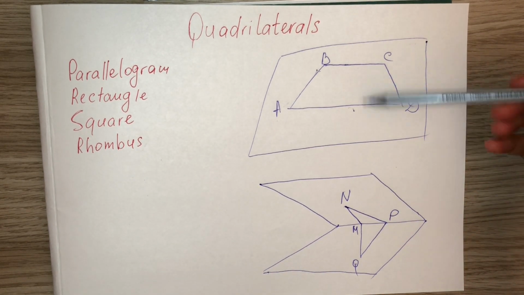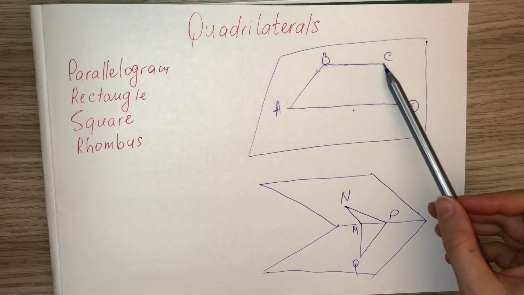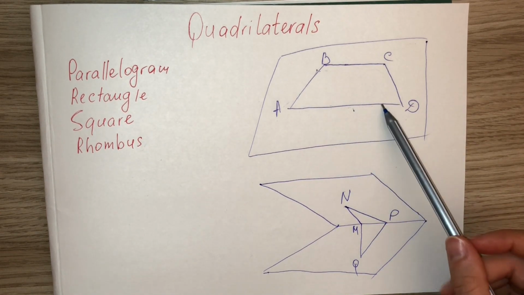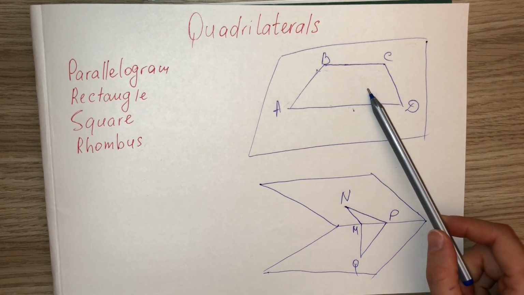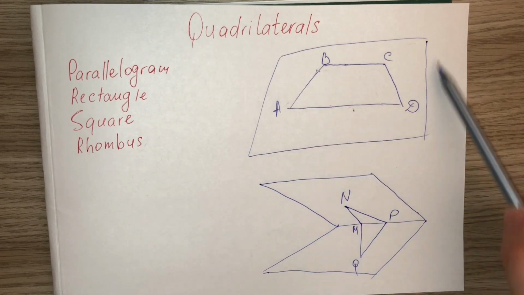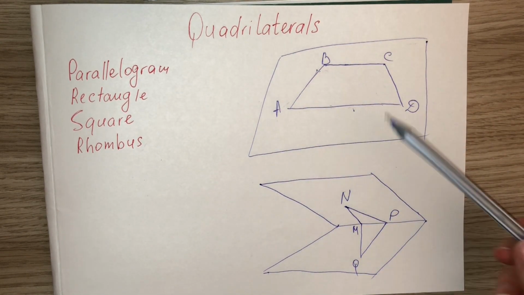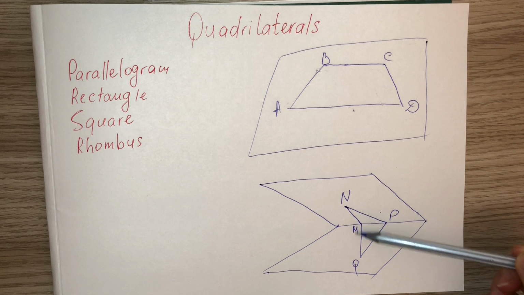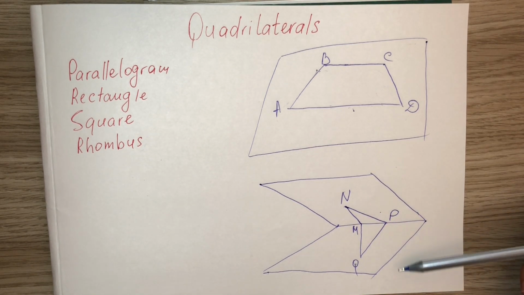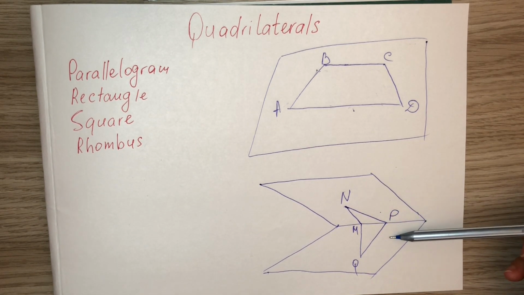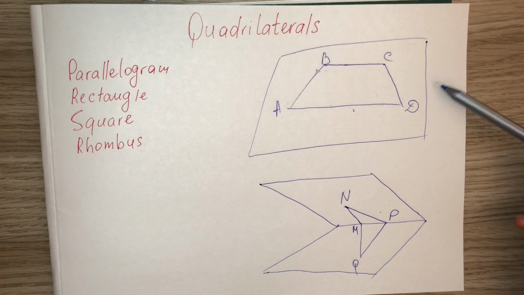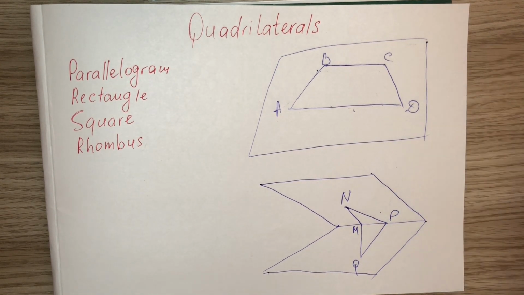But what is the difference between them? All the sides of this quadrilateral lie within one plane. But here, the sides of this quadrilateral lie in two planes. Okay, this is called coplanar.